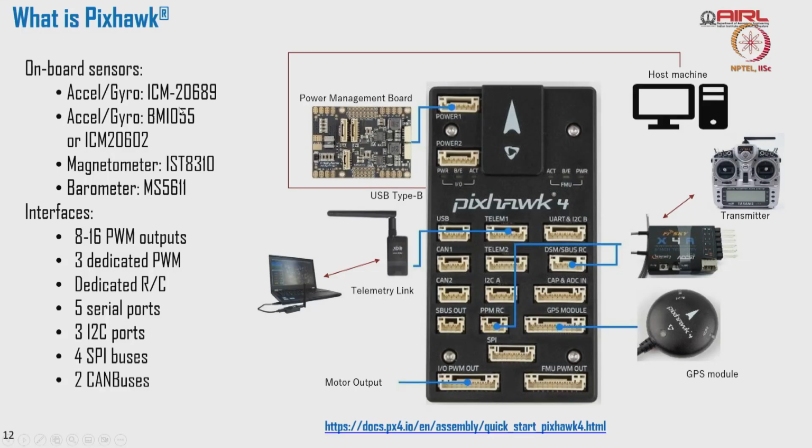So what are the onboard sensors? You have accelerometer, gyro, you have a magnetometer, you have a barometer. We talked about all of this in our second module, right? And there are different interfaces available. We need to understand these interfaces such that we can simulate the hardware as close as possible.